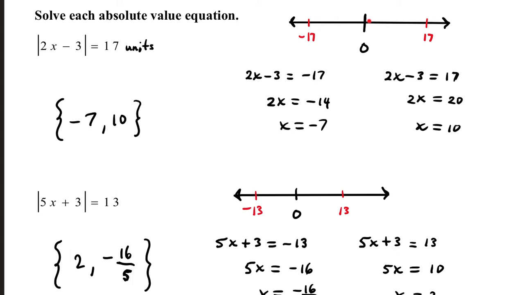If you go 17 units to the right, then 2x minus 3 is equal to 17. Solving both of these equations for x, add 3, divide by 2, and you get x equals -7 for one of your answers. Add 3, divide by 2, and you get 10 for your other.